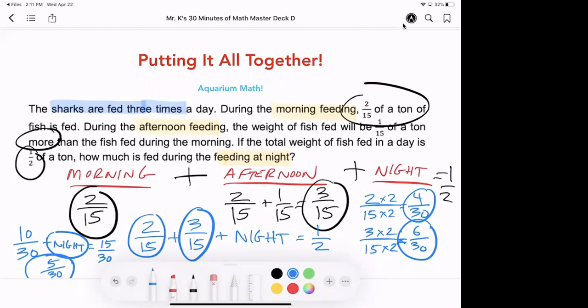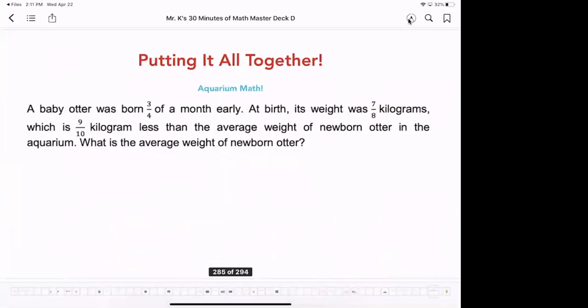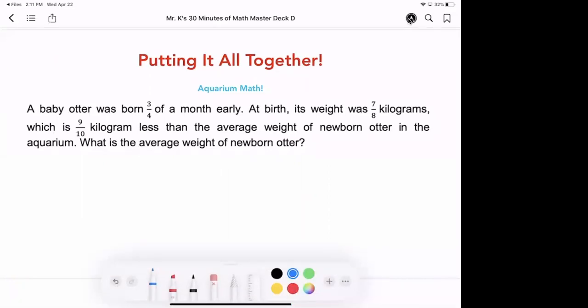All right, let's try one more and then we will jump to our joke of the day. Here it is. A baby otter, which is very cute, was born 3/4 of a month early. At birth, its weight was 7/8 kilograms, which is 9/10 kilograms less than the average weight of a newborn otter in the aquarium.